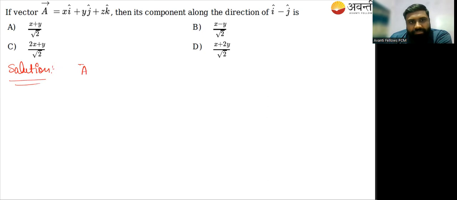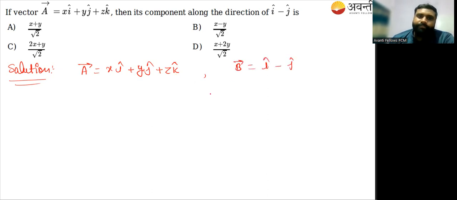So vector A is given to you as x i cap, y j cap plus z k cap. Okay. And another vector, let's say this is vector B, which is i cap minus j cap. Now, there are two methods to solve this question.